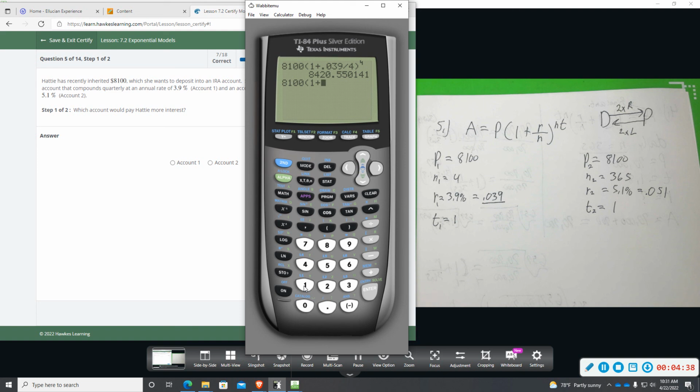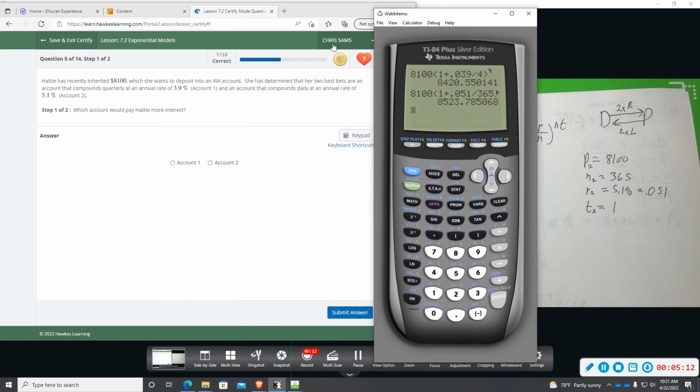Plus, this will be interest rate 0.051, divided by the N, which is 365, raised to the N T power, so 365 times 1, that's just 365. See that account gives us 8,500. This one gave us 8,400. So the account that pays more interest is going to be account 2.